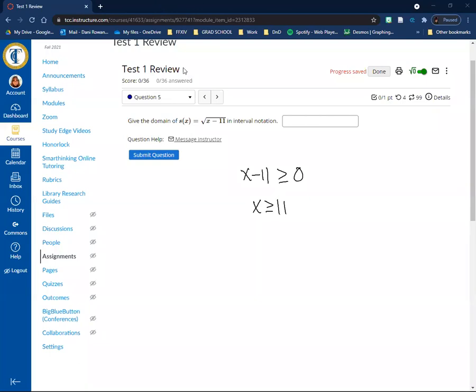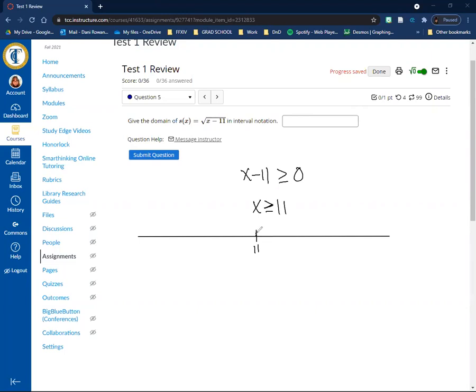And to give you an idea, if we have the number line here, and we have the 11, can it be 11? No. Okay, so if it's greater than or equal, can it be 11?